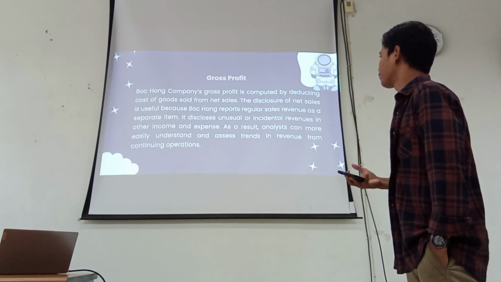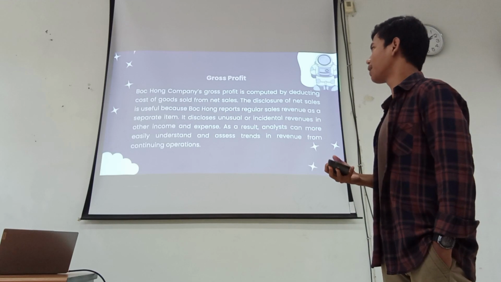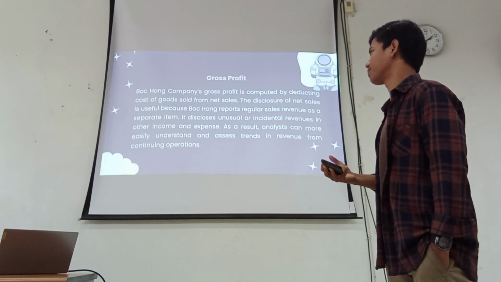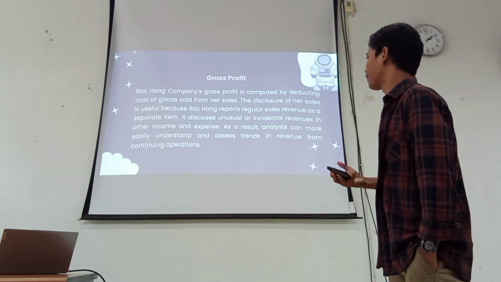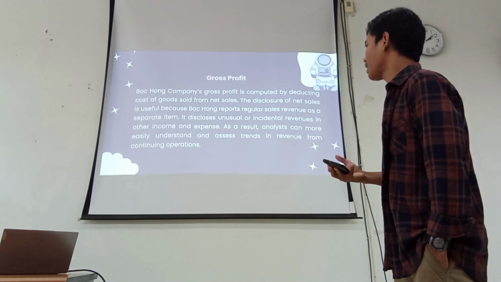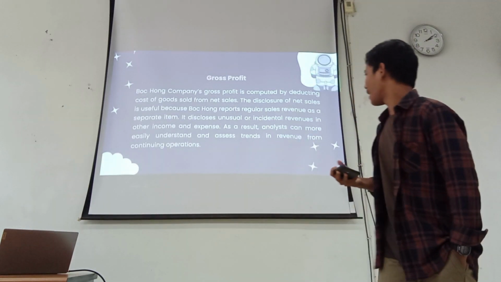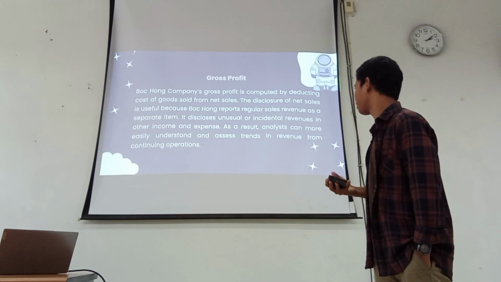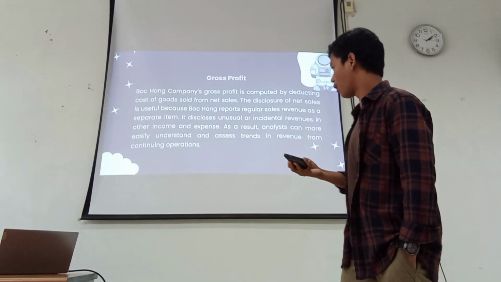The disclosure of net sales is useful because the company reports regular sales revenue as a separate item. It discloses unusual or incidental revenue in other income and expenses. As a result, analysts can more easily understand and assess trends in revenue from continuing operations.